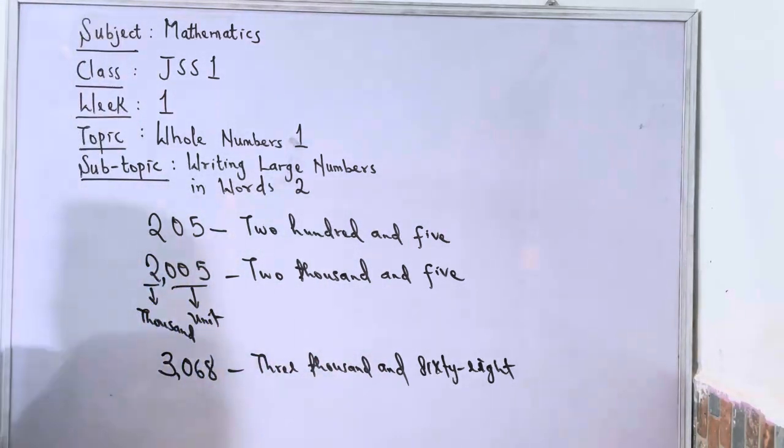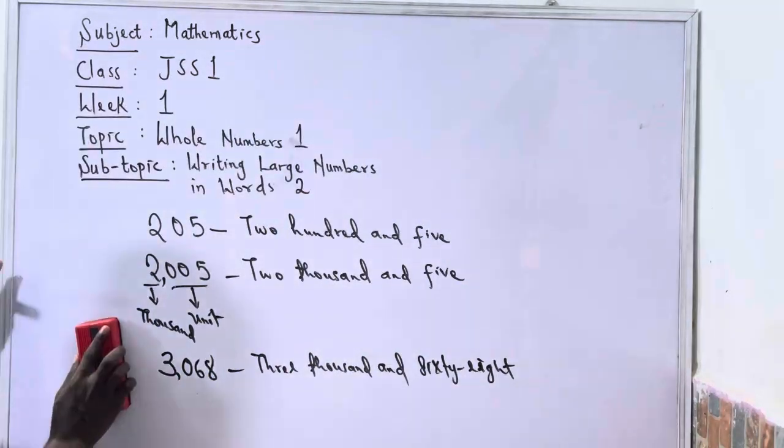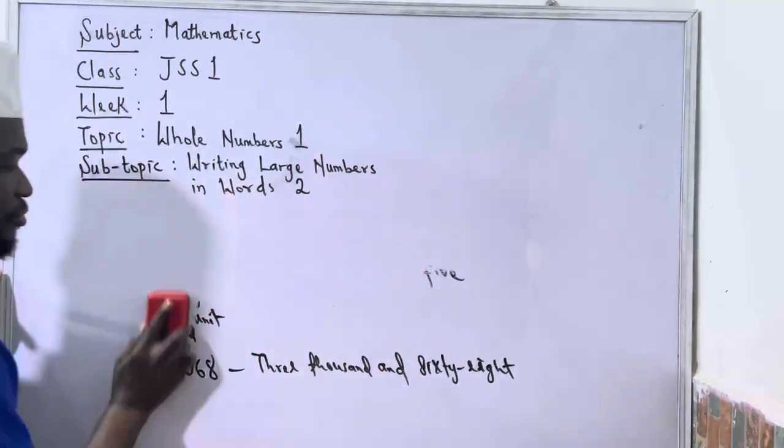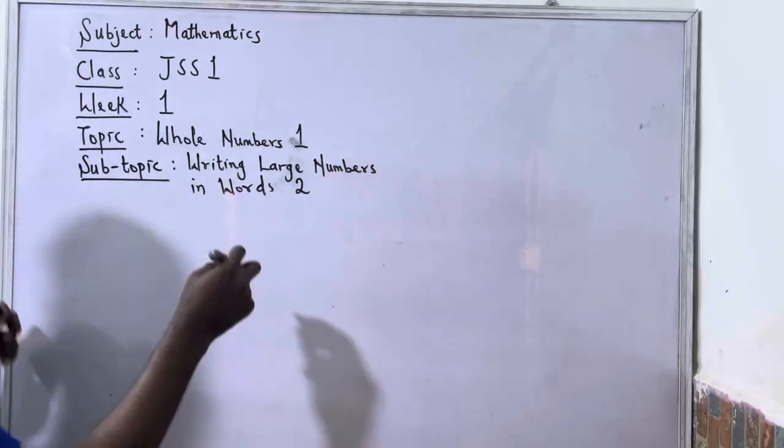Once you know this, every other big one becomes very easy. So let's quickly write one very big number that has a bunch of zeros in between. The same rule that you applied here is also applicable there.